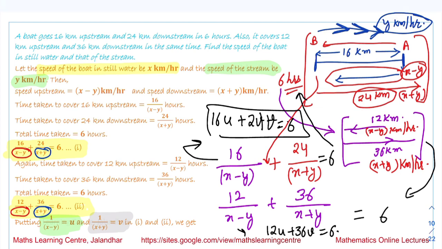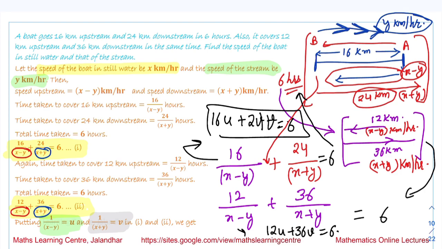This is 8u plus 12v is equal to 3. So on solving this, we get v is equal to 1 by 12. What is v? It is 1 over x plus y. So this becomes x plus y is equal to 12.